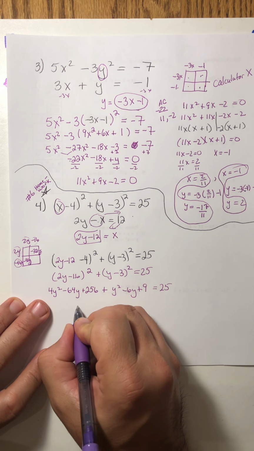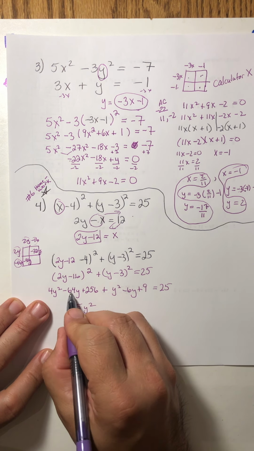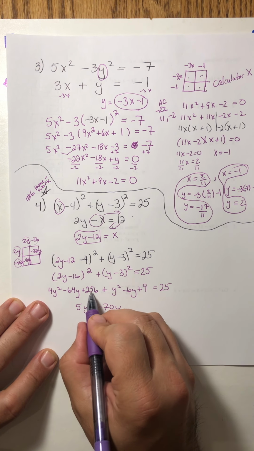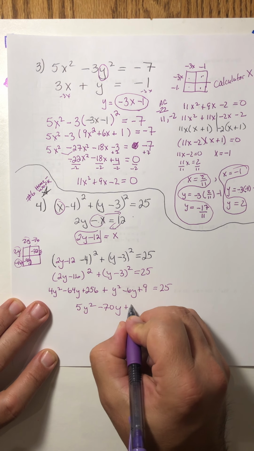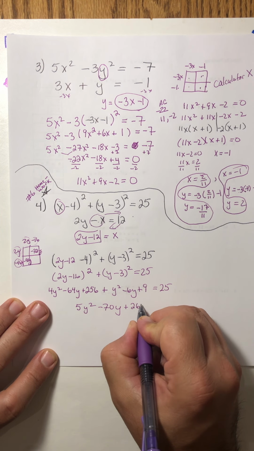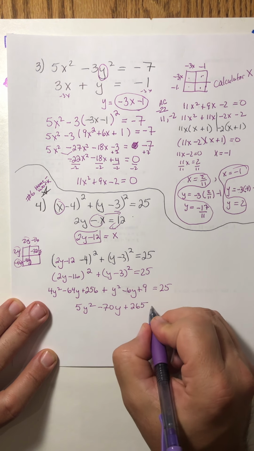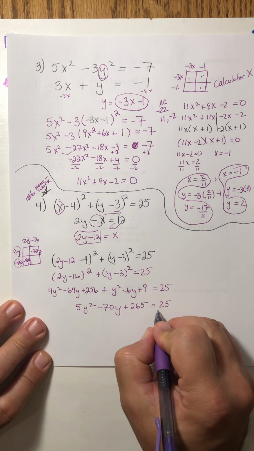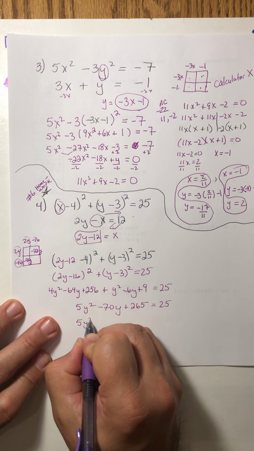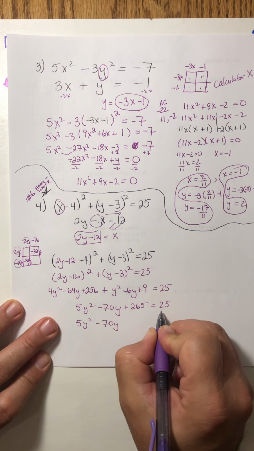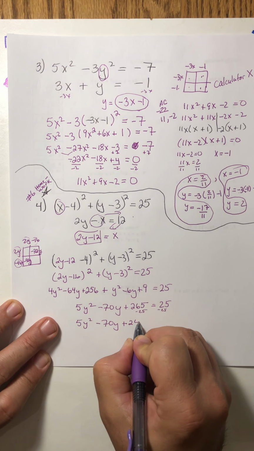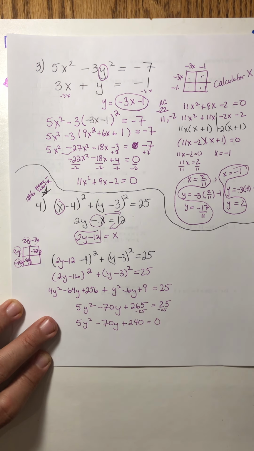So I have 5y squared, negative 64 and negative 6 is negative 70y. 256 and 9 is plus 265 equals 25. All right, we've got to make it say equals 0, so I'm going to subtract 25. So we have 5y squared minus 70y, and subtracting 25, plus 240 equals 0.